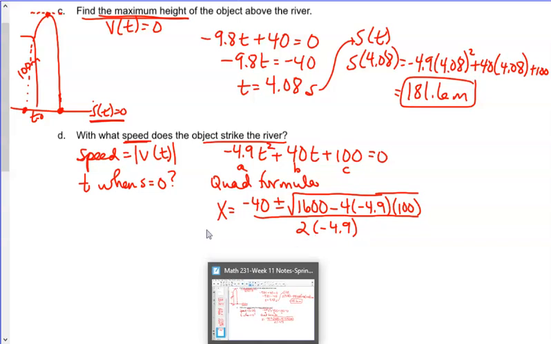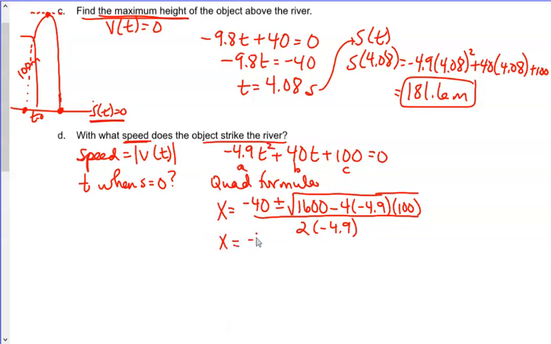All right, so if I'm going to simplify this, I'm going to get x equals negative 40 plus or minus. Remember, multiply this, and you're going to add to 1600, gives you 3560, all over negative 9.8. Now that one's not so nice, it's not so pretty. So in your calculator again, negative 40 plus this radical, divide that by negative 9.8. You should get the answer of negative 2, and the other answer is going to be 10.17 for the plus version.